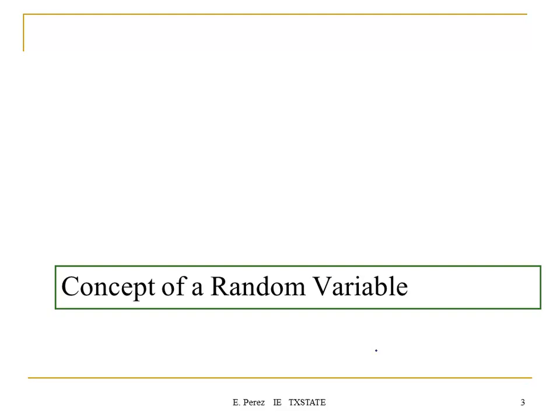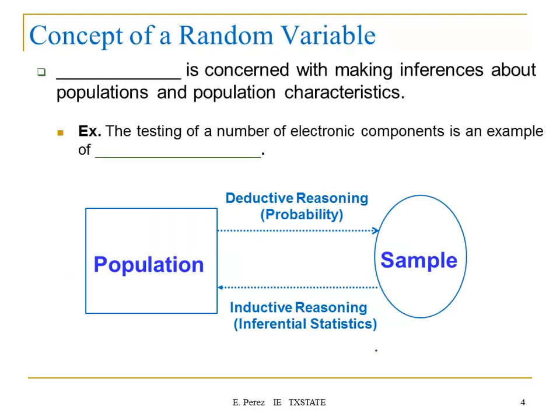So let's start by discussing the concept of a random variable. Statistics, and I think you saw this at the beginning of the semester, is concerned with making inferences about a population and population characteristics. For example, the testing of a number of electronic components is an example of a statistical experiment.